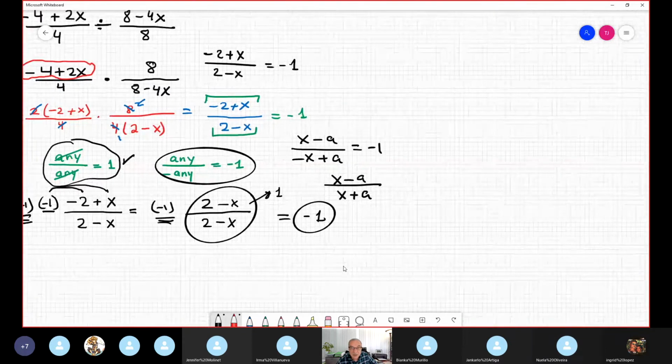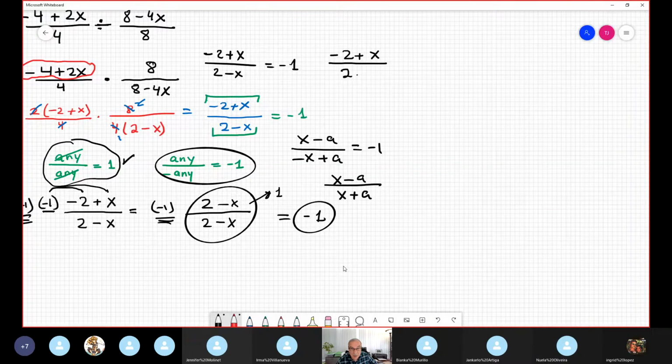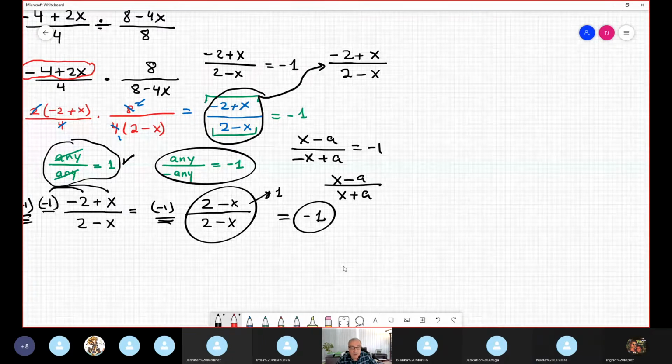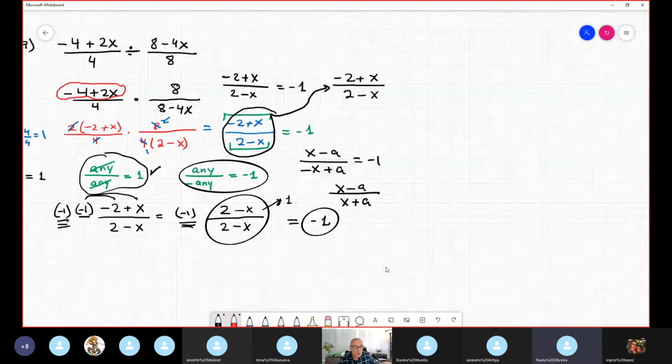I understood that part. I don't understand very well. So your question is about this part, correct? No, like before that, you did the multiplication between 8 and 4 and the 2 and 4.